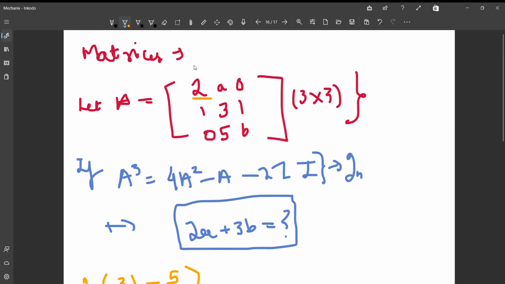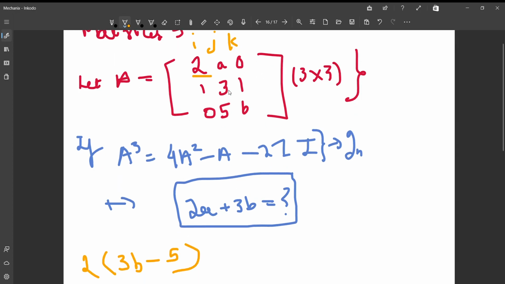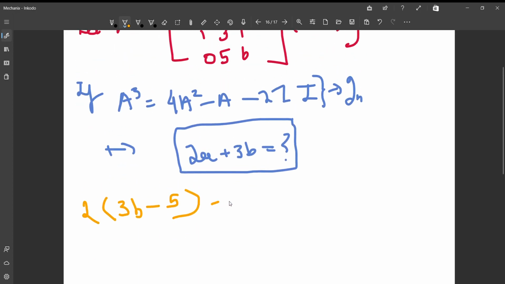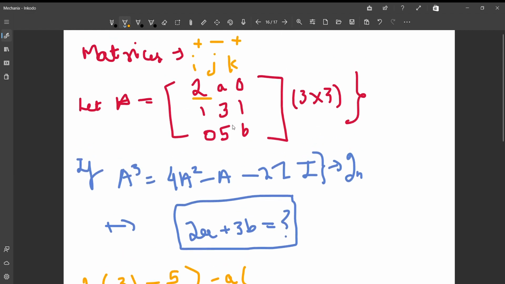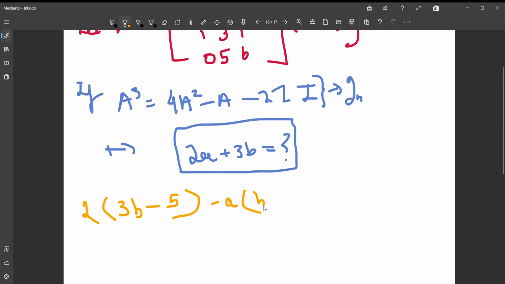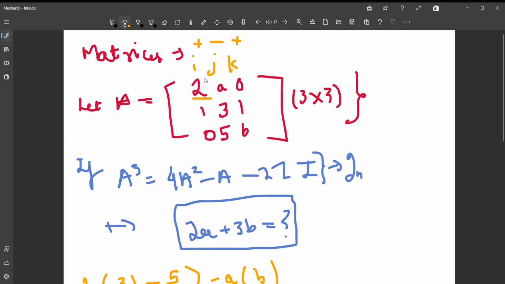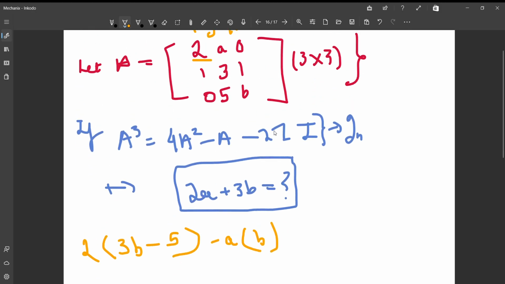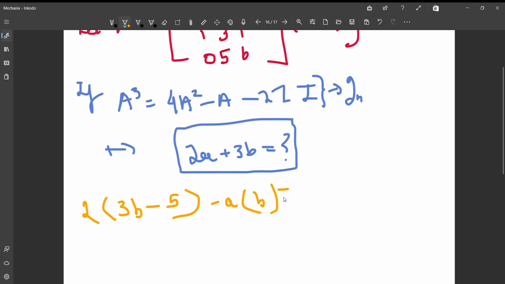And as you go, this is i, this is j, this is k, so we denote the signs as positive, negative, positive. So minus a times (b minus 0), that's nothing but b, plus 0 times anything is going to be 0, and the magnitude of this is given as 21.